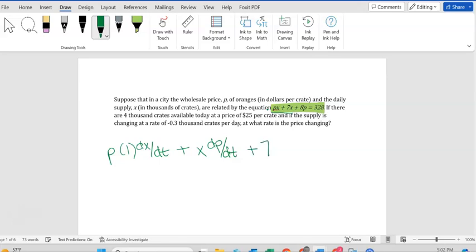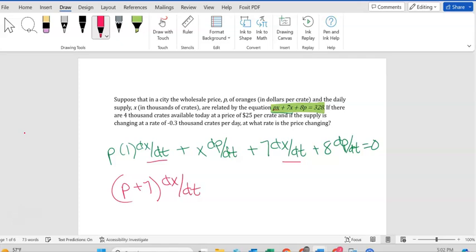Then here, this is going to be 7 dx/dt, and then 8 dp/dt, and then this is just a constant, so that's 0. Now at this point, I want to get my dx/dt's on one side and my dp/dt's on the other. You can see these two are going to come together. So I'm going to have P plus 7, factored out of the dx/dt.